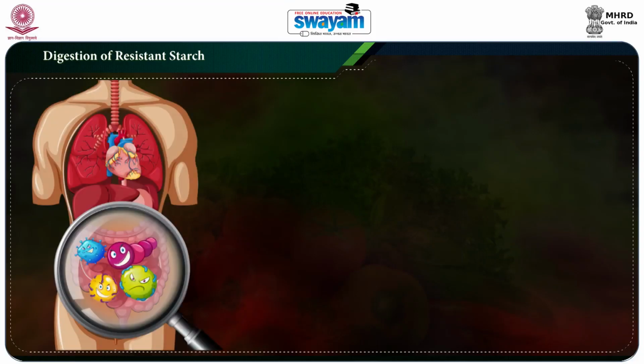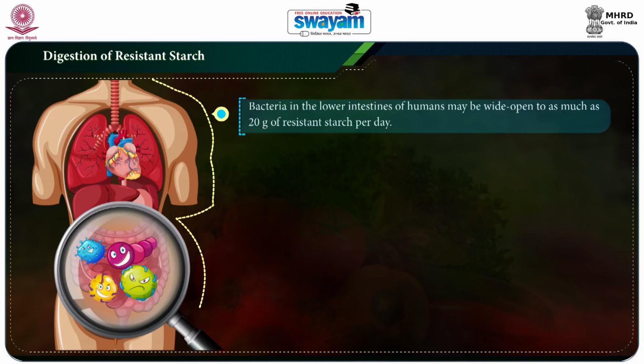Let us now understand how gut bacterial metabolism affects the digestion of resistant starch. The bacteria in the lower intestine of humans may be exposed to as much as 20 grams of resistant starch per day.